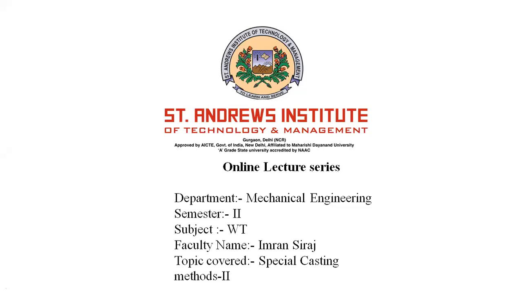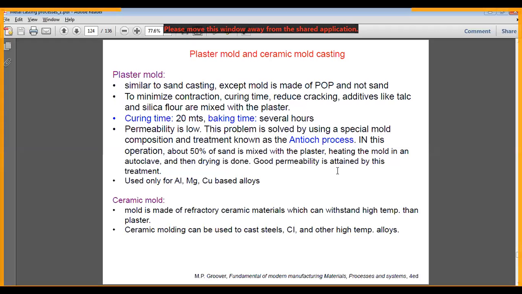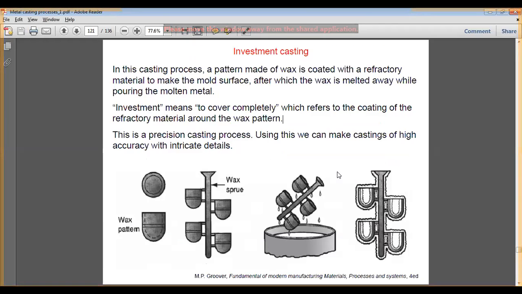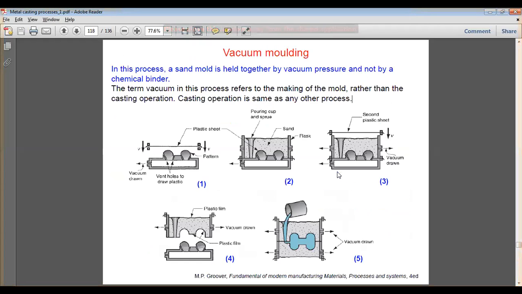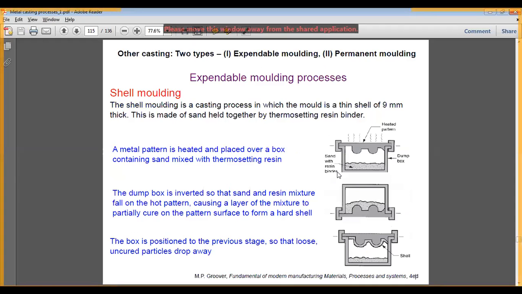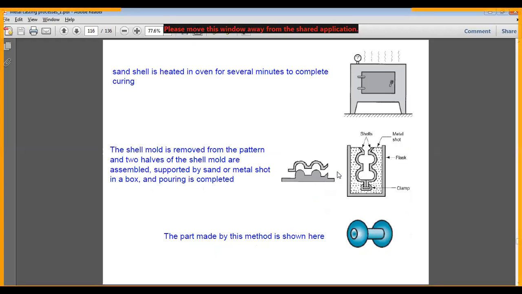Yesterday we discussed a few casting methods like investment casting and others, that vacuum molding or vacuum forming that is called. Then the expandable molded process, shell molding, and these all we discussed in yesterday's lecture.